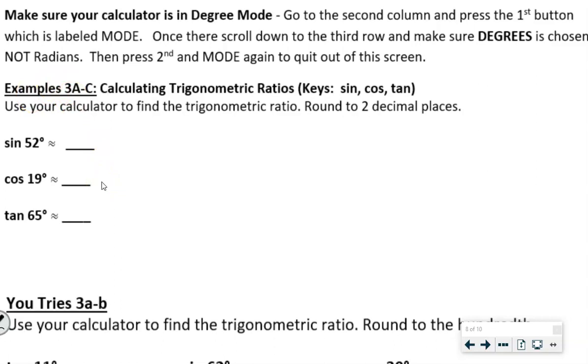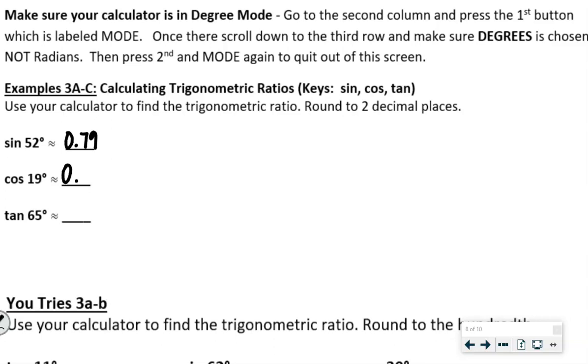So then, all we're going to do is actually calculate these. So this is pretty easy, okay? So you're actually going to push the sine button and then 52, enter. And that's going to give you 0. And it's asking us to do 2 decimal places. So this is going to be 0.79 because it was 0.788. Okay, then we're going to do the cosine again of 19, enter.